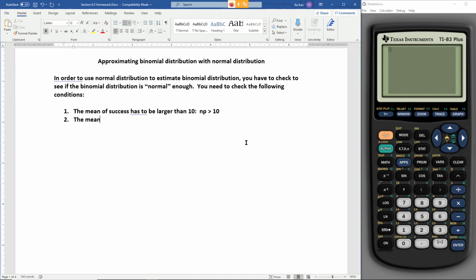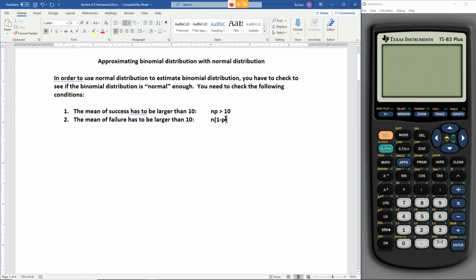Number 2, the mean of failure has to be larger than 10. So here, n times 1 minus p. What's 1 minus p? Some people will say 1 minus p equals q, and that's just the failure rate. Let's say the success rate is 60%.